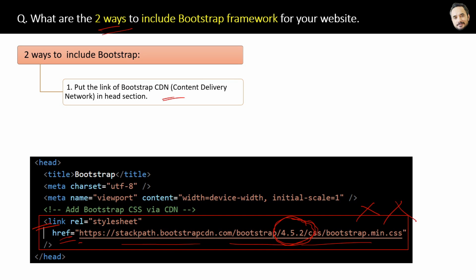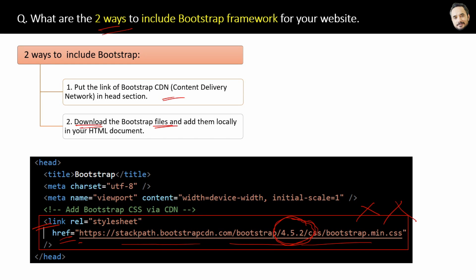Now, the second way to use Bootstrap in your website is to download all the Bootstrap files and then add them locally in your project, so that your website is no longer dependent on the internet. Yes, this is a bit difficult to do, and also for version changes you have to upload the files again and again.